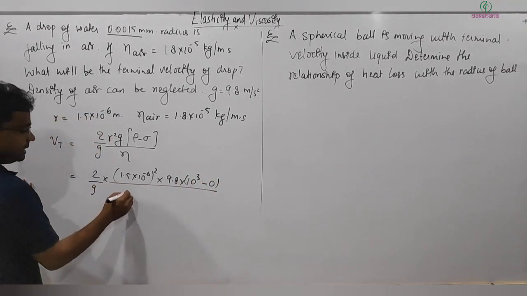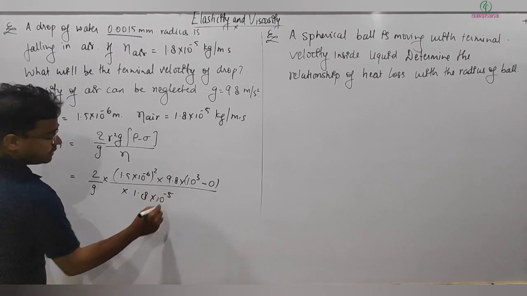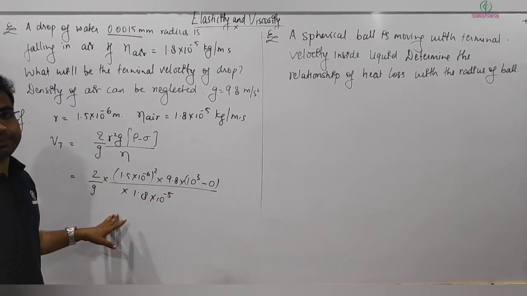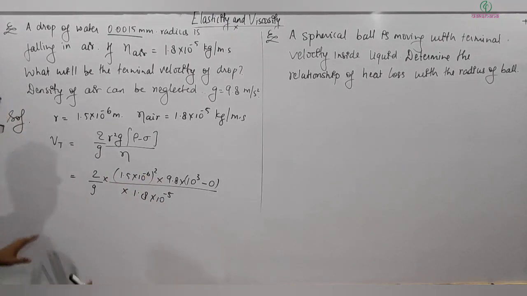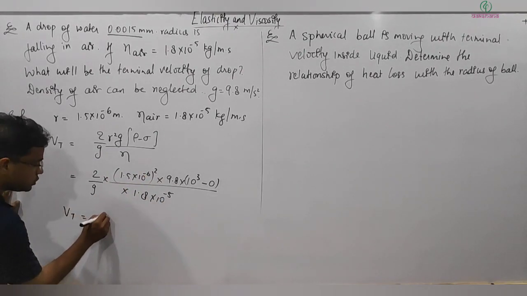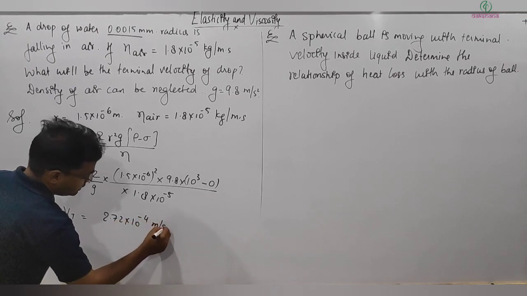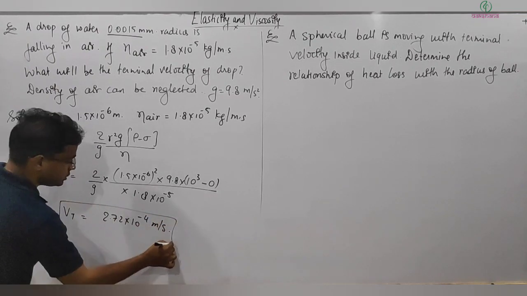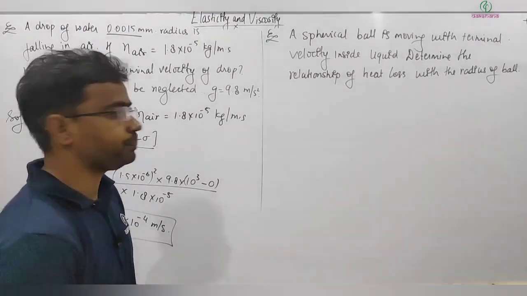This whole divided by eta, which is 1.8 into 10 to the power minus 5. So this is a simple formula based problem. We can substitute the data, do the calculation, and solving, it's 2.72 into 10 to the power minus 4 meter per second. This is the terminal velocity of this water drop.